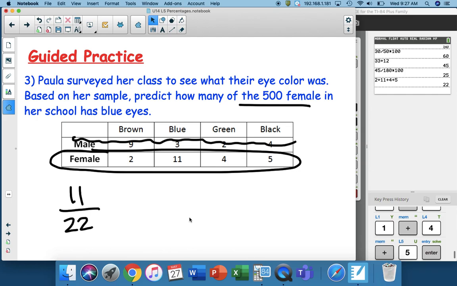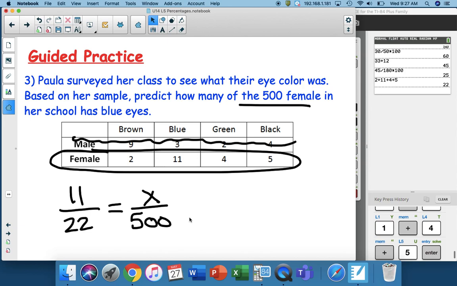So based on this, how many out of the 500 females would have blue eyes? That's pretty much what they're asking you. Do a proportion. Now, we can either cross multiply and solve, which is fine.